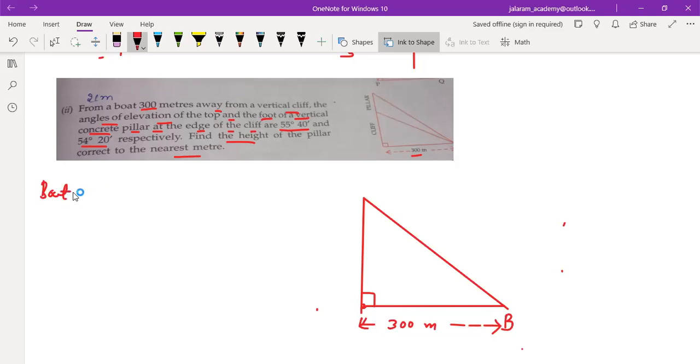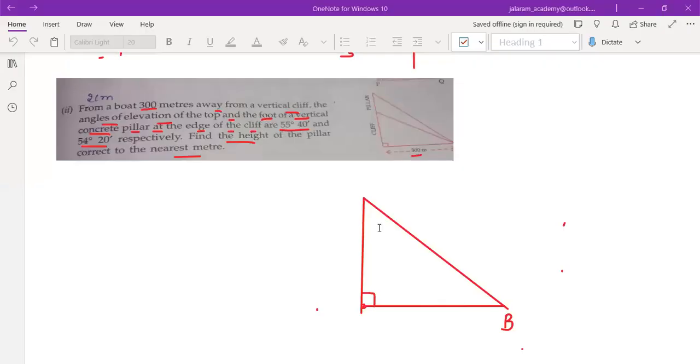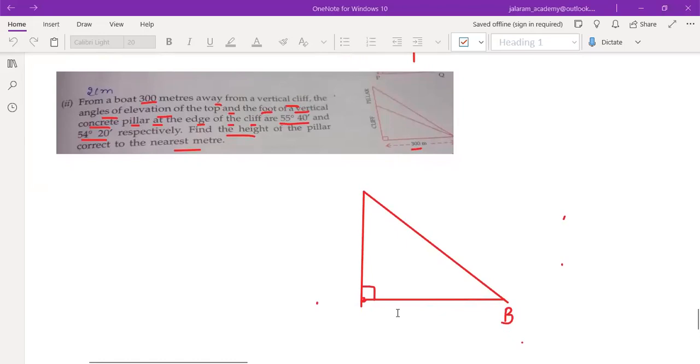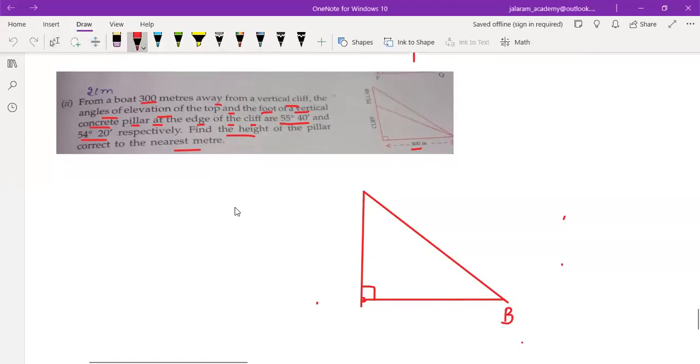Clearly explain the figure also, that boat, so this boat is 300 meters away from the cliff.